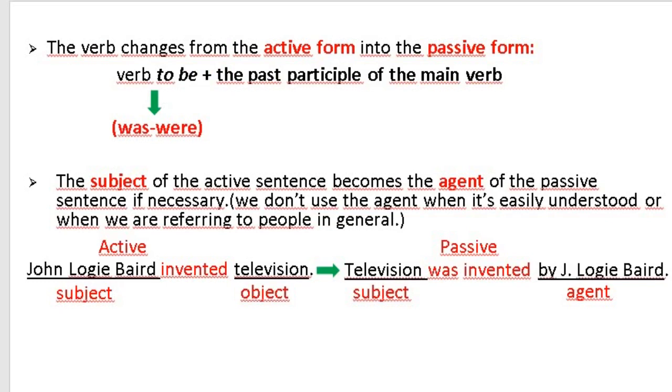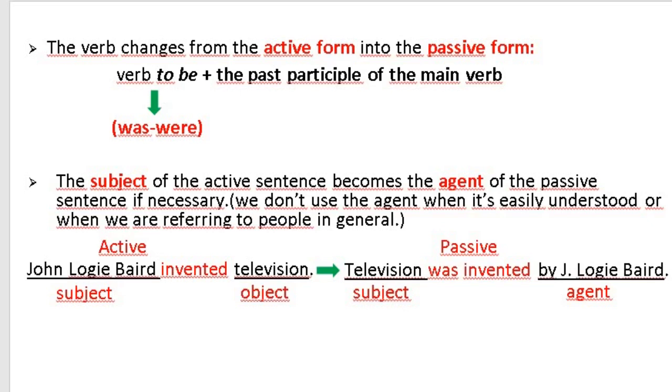Verb to be now becomes was, were. If it is singular, we use was, but if the word is plural, we use were, plus the past participle of the main verb. The subject of the active sentence becomes the agent of the passive sentence if necessary. We don't use the agent when it is easily understood or when we are referring to people in general.